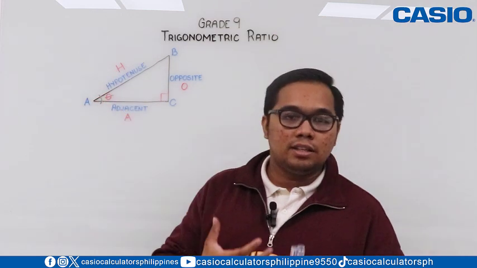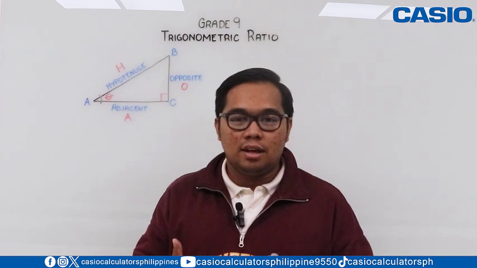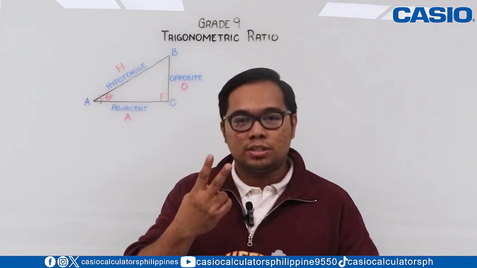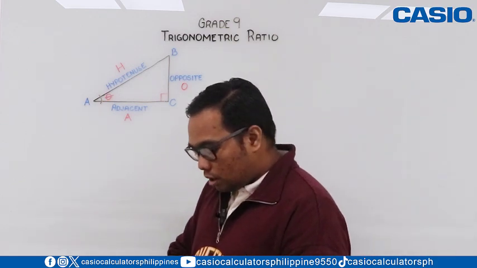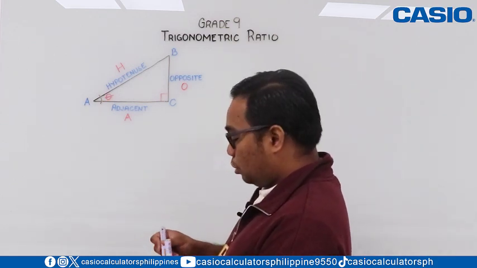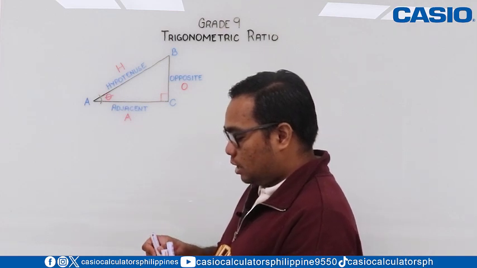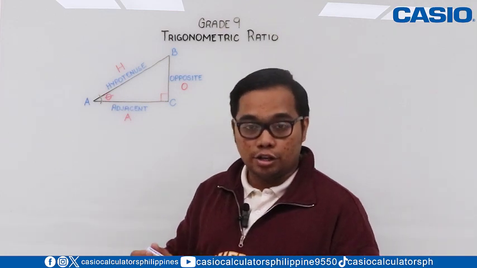Now, in creating the ratio of these sides, we will get their defined values. We can select two of those sides and create their ratio.